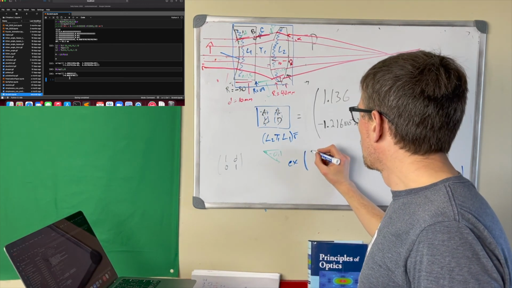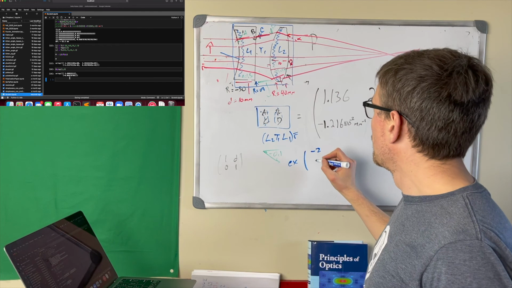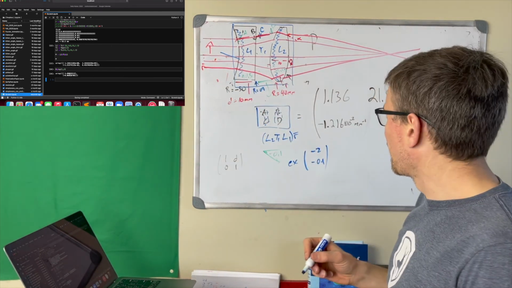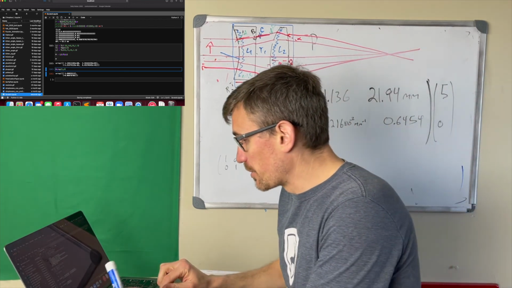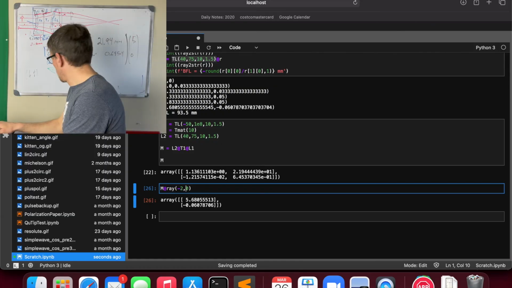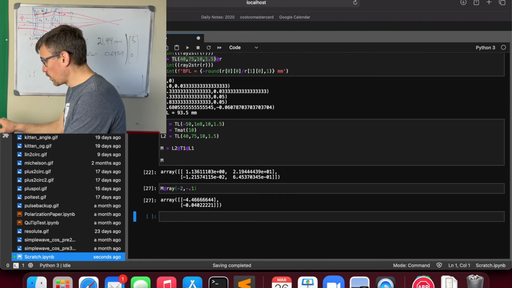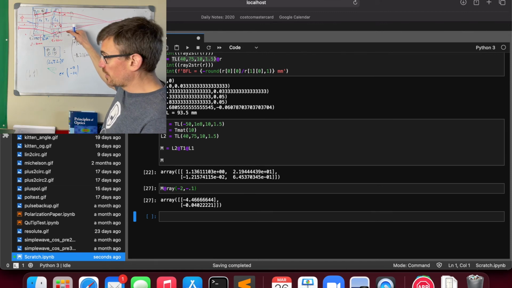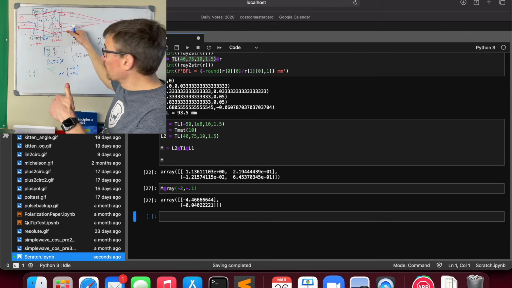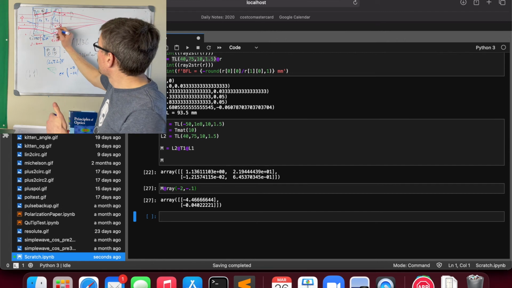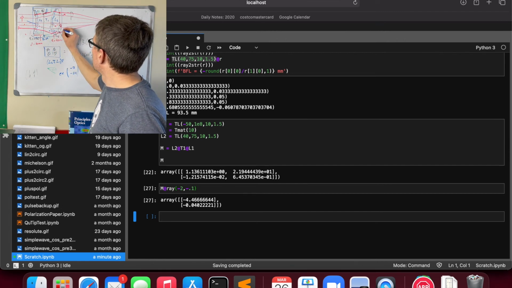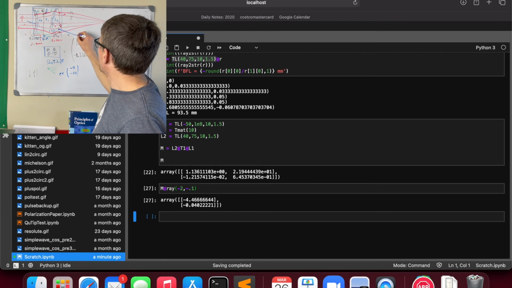We have, say, negative 2 and negative 0.1. That's just a ray coming down at this angle. Okay, well, let's find out what happens to that. Negative 2, negative 0.1. That comes out down here, negative 0.04, and at a negative angle, meaning it comes down this way.